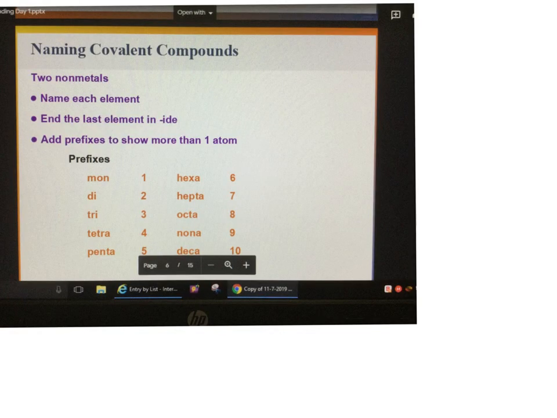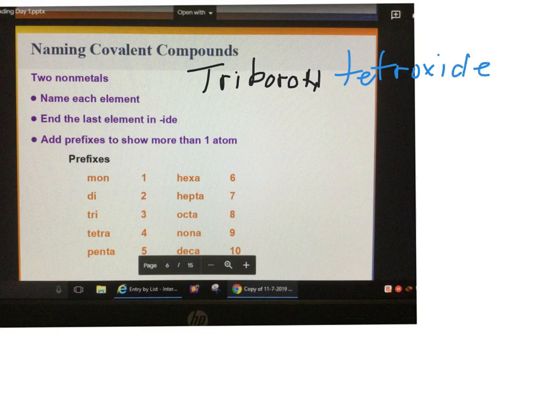Okay, so let's do a couple of examples. If I give you something like tribromine, or boron, let's do boron, and tetroxide.